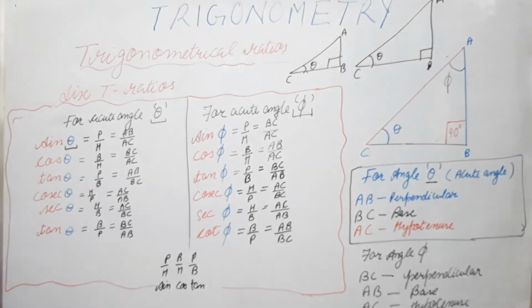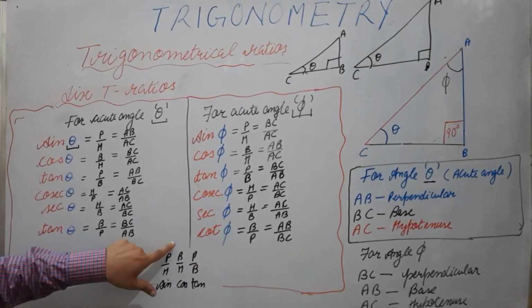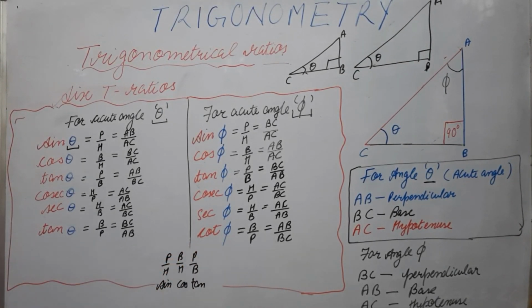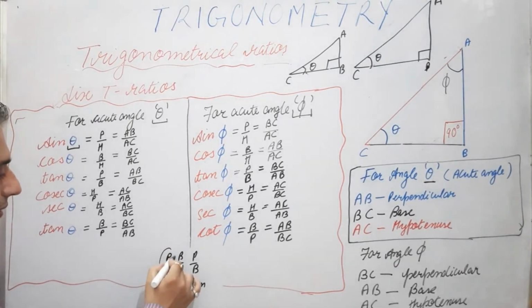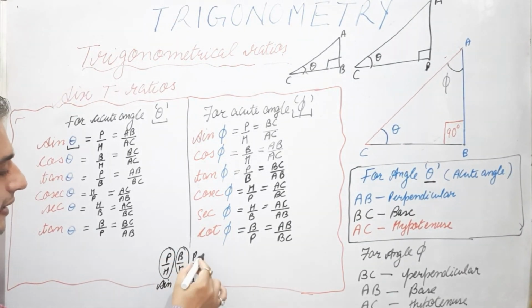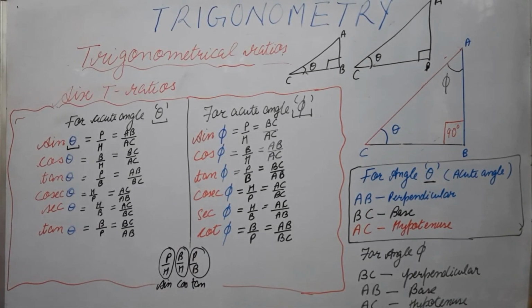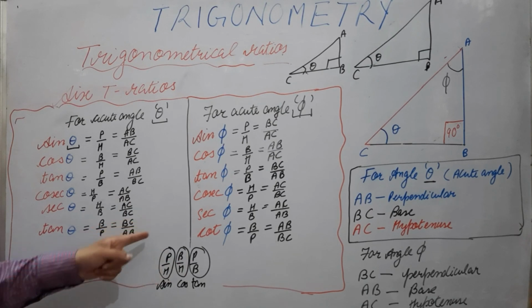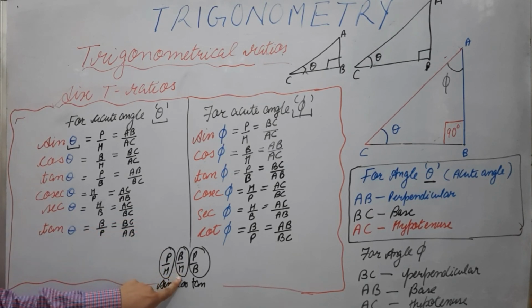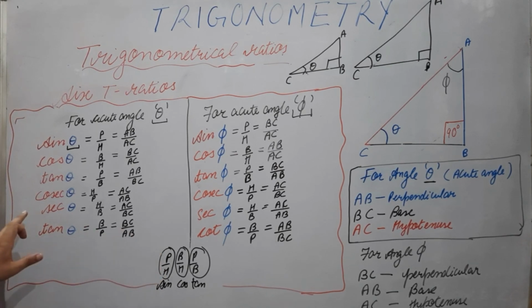You can remember them with the line Pandit Bhola Prasad Har Har Bhole. So this ratio is sine, this ratio is cosine, and this ratio is tangent. The reciprocals of these relations: hypotenuse upon perpendicular is cosecant, hypotenuse upon base is secant, and base upon perpendicular is cotangent.